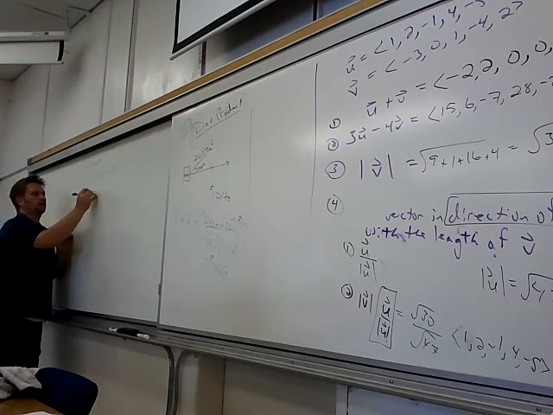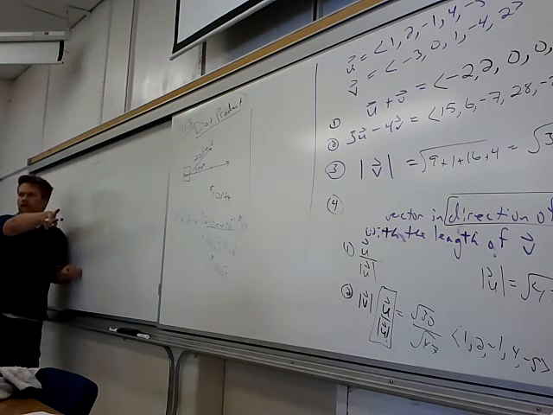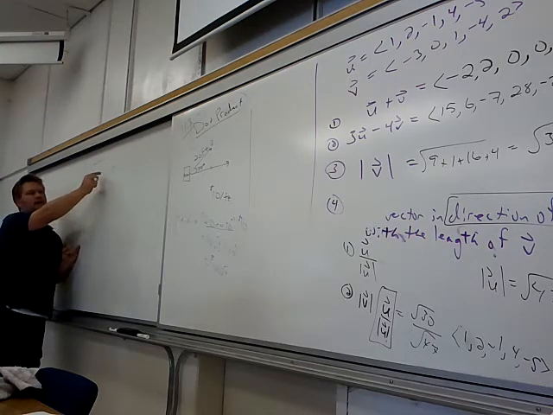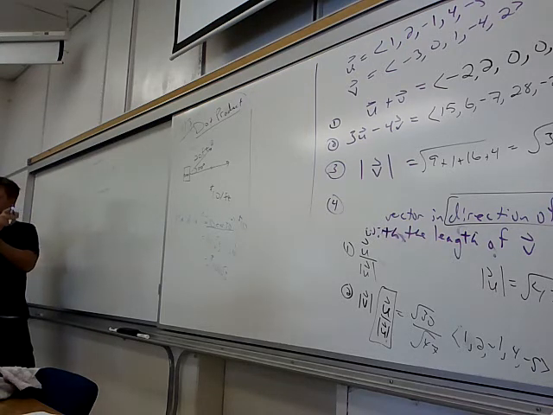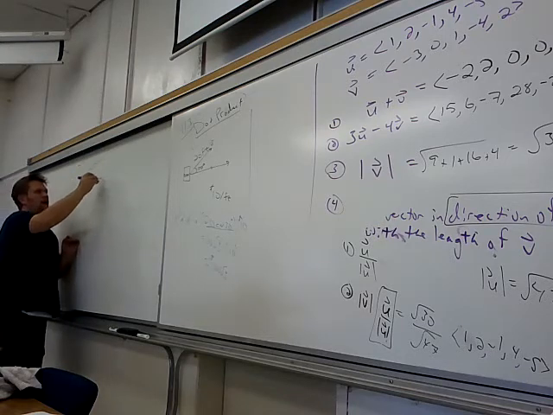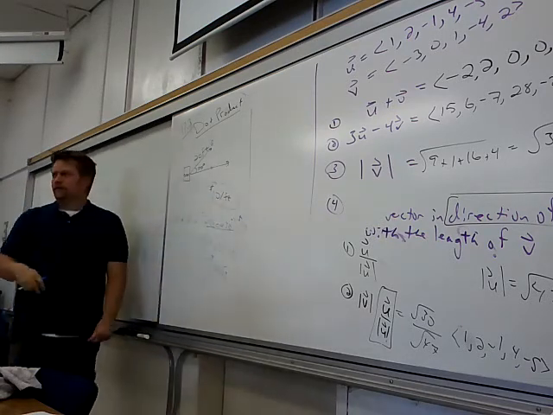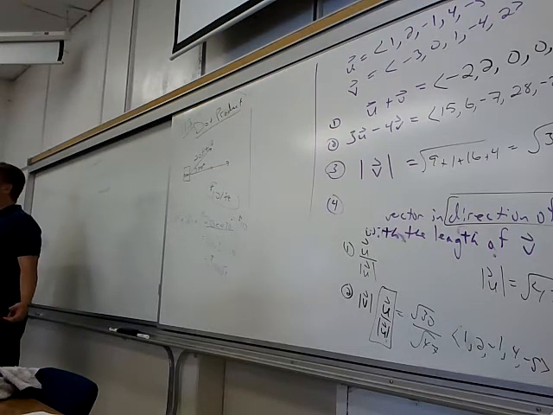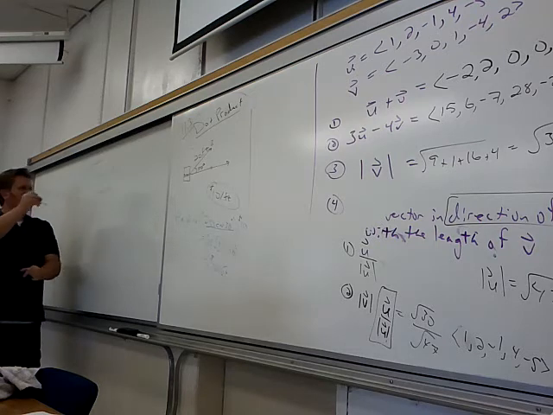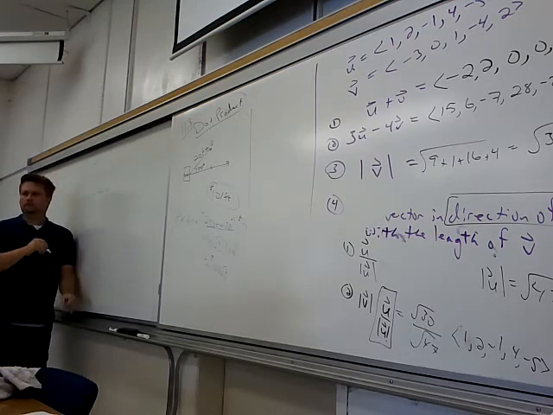So this is like our 20 cosine 30, for example. How we know so far? So this is just the amount of u that lies in the direction that I want to go in, times, and really here this is an implied length. It's $10 a foot, but it's got a direction to it, so it's the length of the vector v. You guys cool with that? Times the length of v.